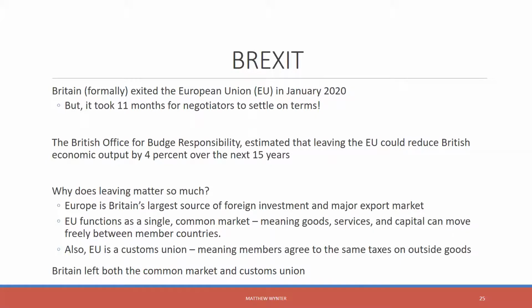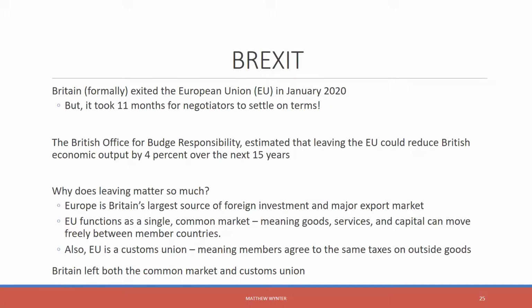First, Europe is Britain's largest source of foreign investment and its major export market. Second, the EU functions as a single common market, meaning goods and services and capital can move freely between member countries. Third, the EU is also a customs union, meaning members agree to the same taxes and tariffs on outside goods.